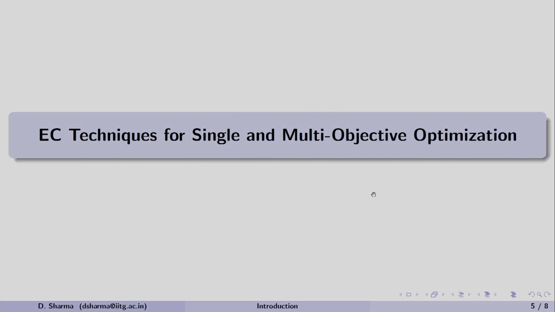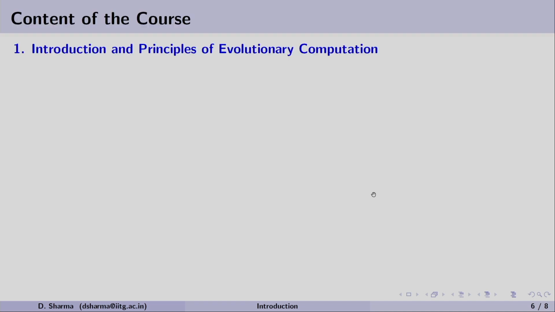In this particular course, we will be targeting two types of problems. One is single objective, another is multi-objective optimization. The content of this course is as follows. We will start with the introduction and principles of evolutionary computation.